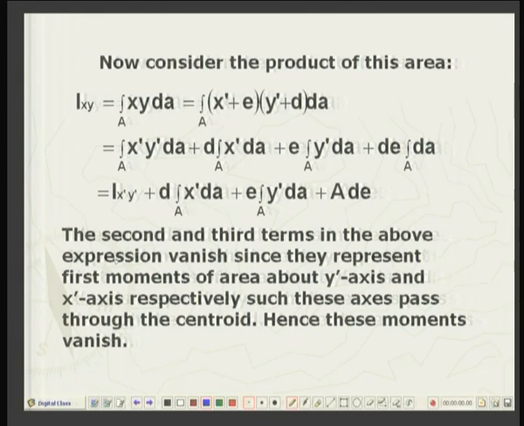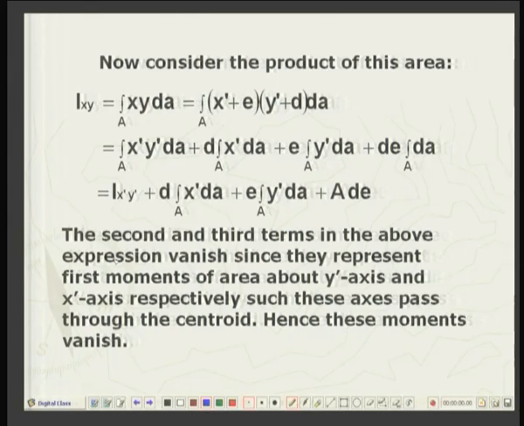Then these two middle terms which will be x dash area integral, y dash area integral, and these are nothing but the centroidal coordinates in the old coordinate system, that is x dash c and y dash c. Since the origin, that is 0, 0 point is located at the centroid, this quantity as well as this quantity both are equal to 0. So, these two middle terms are 0 quantities.